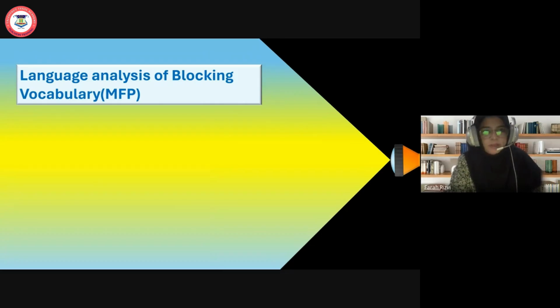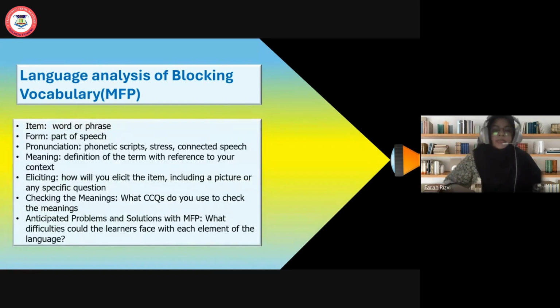These words block comprehension. We are picking the blocking words when we are going to teach, because clarification of language is an important part of staging in every lesson framework. So how are you going to clarify the language? You are going to pick the word or the phrase, then give its form, like parts of speech.